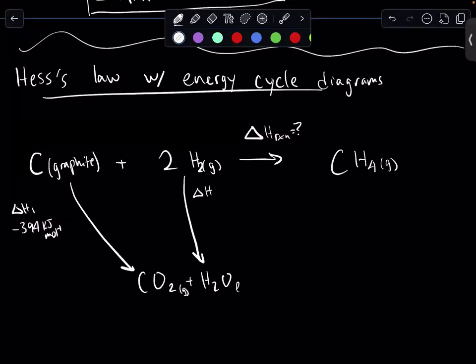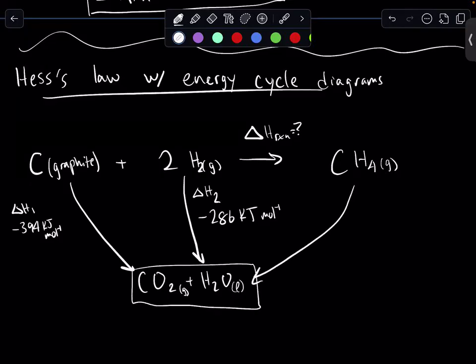And I'll add some state symbols there. So this is negative 286 kilojoules per mole. And lastly, methane will combust to form both of these products. So we have our little intermediate here, and this combustion, delta H3, is negative 891 kilojoules per mole.